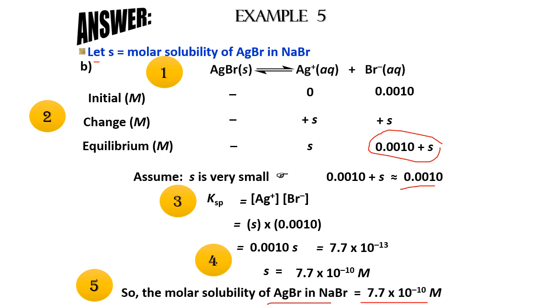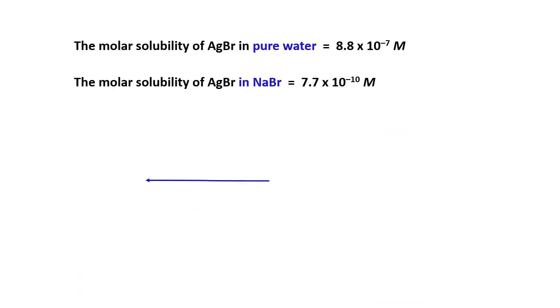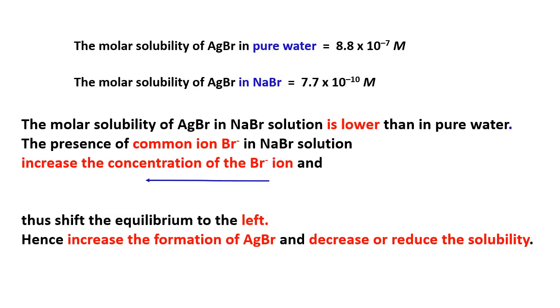If we extend the question and ask you to compare, what happens? Based on the values here, you will notice the molar solubility of silver bromide in sodium bromide is lower. Why?